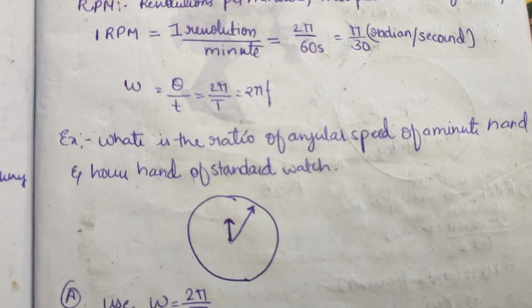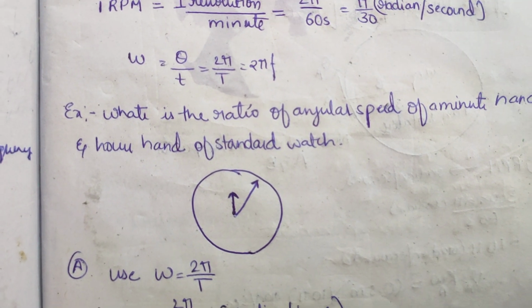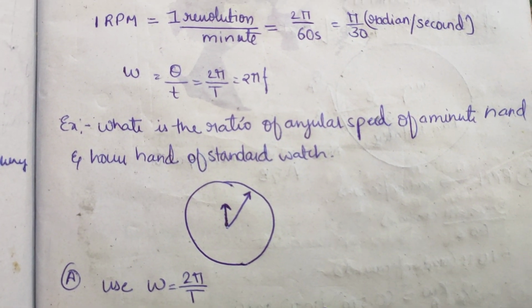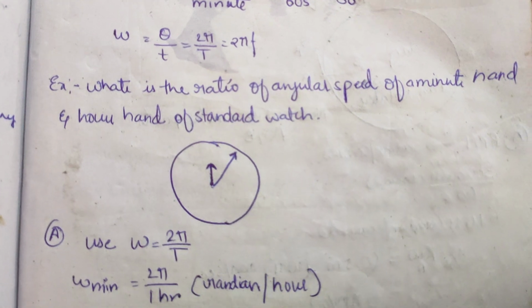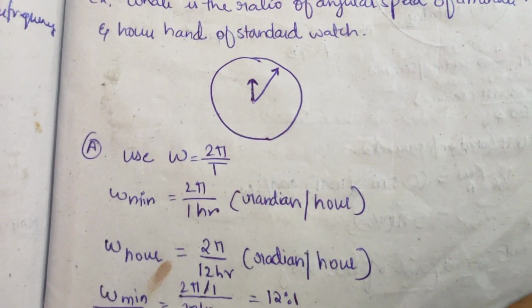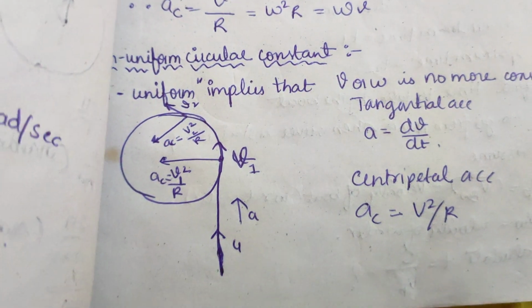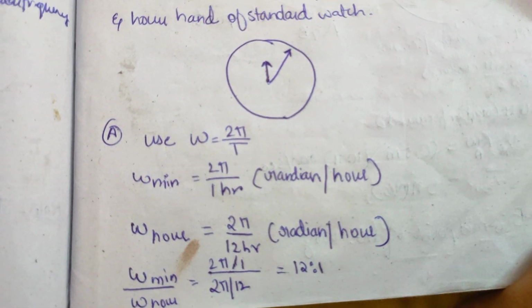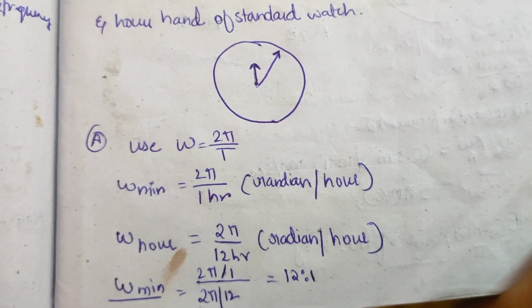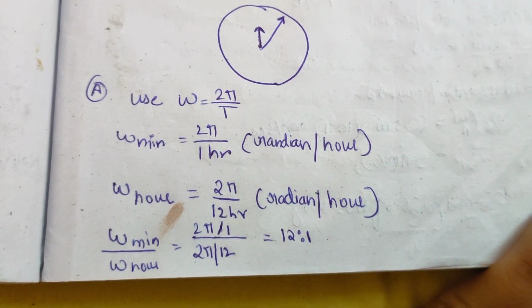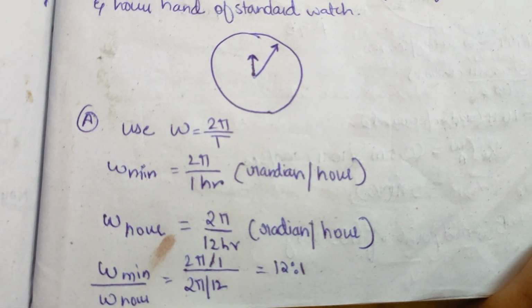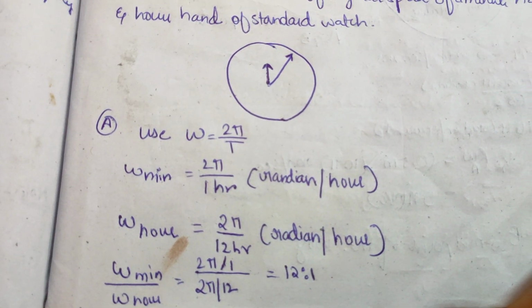Example. Now here you can see the question. What is the ratio of angular speed of minute hand and hour hand of a standard watch? Now use omega equal to 2 pi by T. Here omega minute equal to 2 pi by 1 hour and omega hour equal to 2 pi by 12 hour. Then omega minute by omega hour equal to 12:1, or 12 by 1.